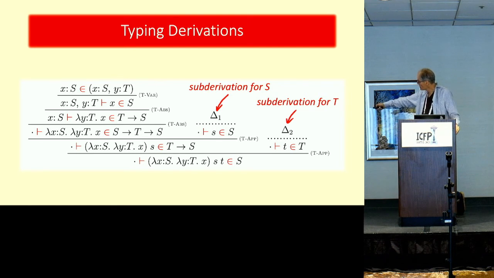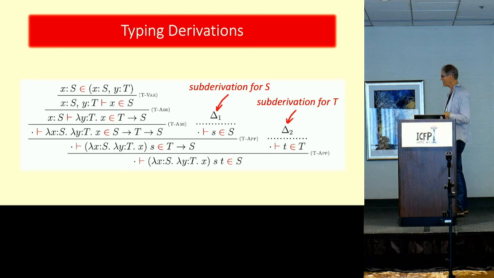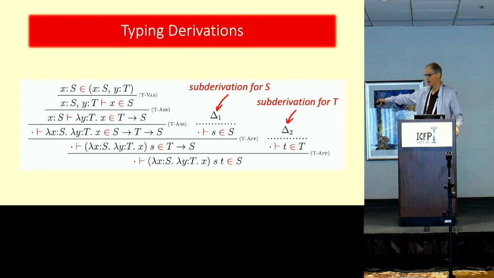And so we'll need to have some subtree here giving type capital S to the expression S and type capital T to the expression T. I don't care what they are. Let's just call them delta 1 and delta 2 and not worry about them aside from that.